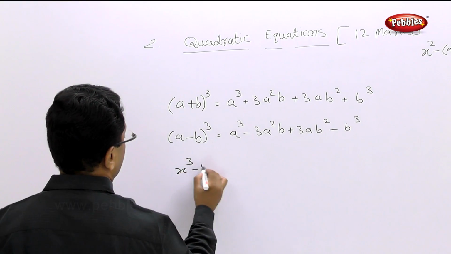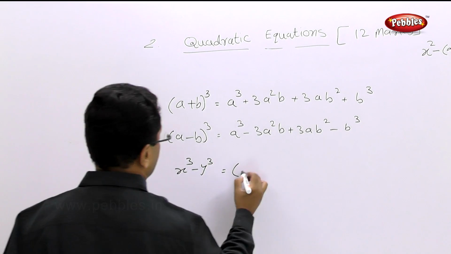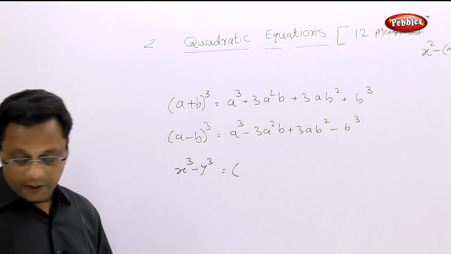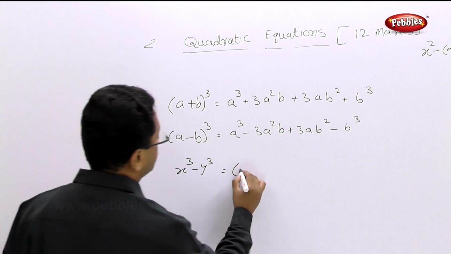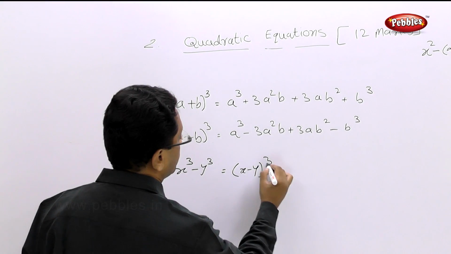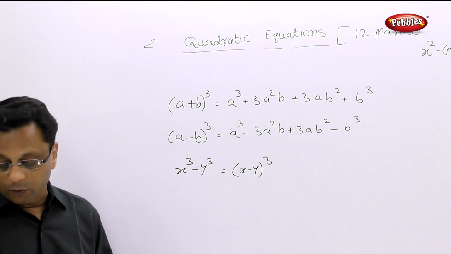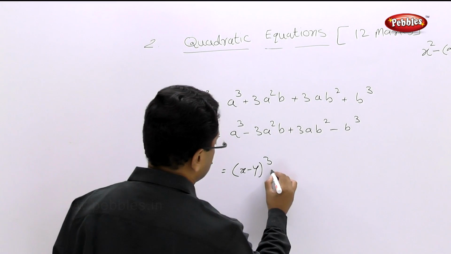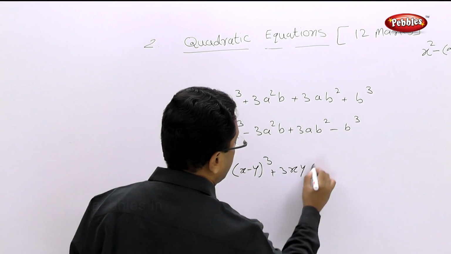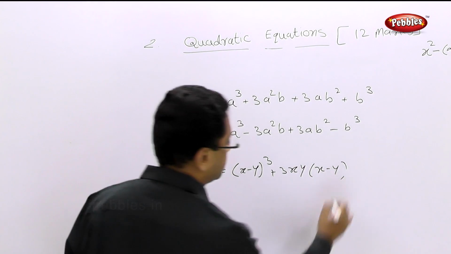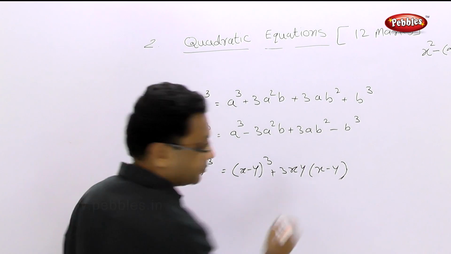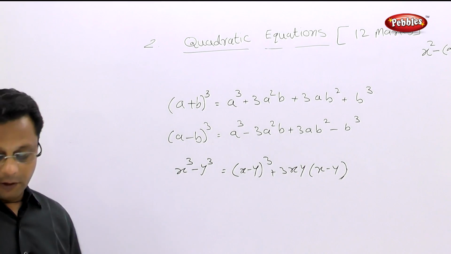x cube minus y cube is equal to, just write it down, (x minus y) cube plus 3xy (x minus y). Just write it down.